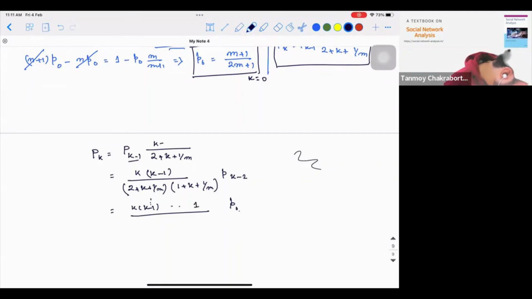Okay, now let's look at the denominator. How would this look? What is the last term of the denominator? k plus 1 by m dot dot dot. Now look here. When you have k minus 1, in the denominator you have k plus 2 plus 1, right? That means you are adding 3 plus 1 by m with this term, right?